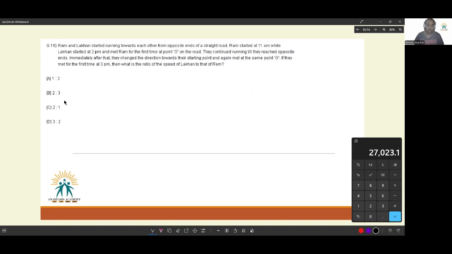Okay. Next. Ram and Lakhan started running towards each other from the opposite ends of a straight road. Ram started at 11 a.m. while Lakhan started at 2 p.m. and met Ram for the first time at point O on the road. Let's say they met here for the first time.